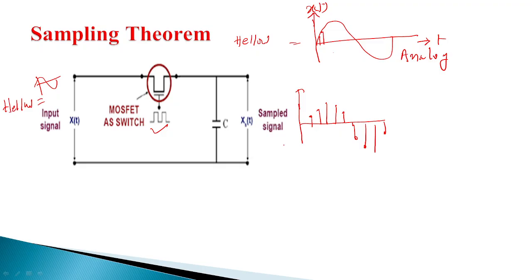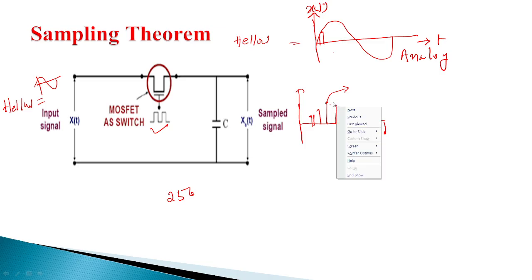In real time, 256 samples can be taken per second, which means each and every point will be sampled. After this, the sample values are converted into digital signals using digital encoding techniques.